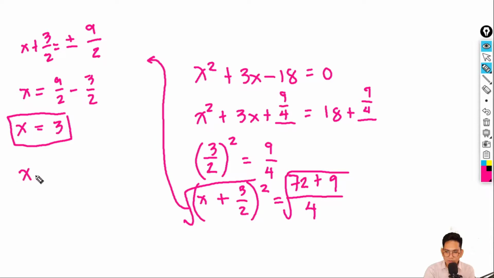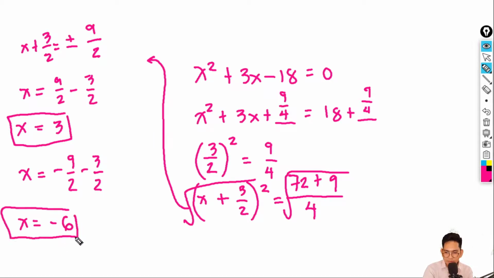Another solution here, we have x is equal to, after the positive 9 halves, let's have the negative 9 halves, and then subtracted by 3 halves. So they are both negative, we just have to add them. Negative 9 plus negative 3 gives us negative 12 divided by 2 is negative 6 as our solution.